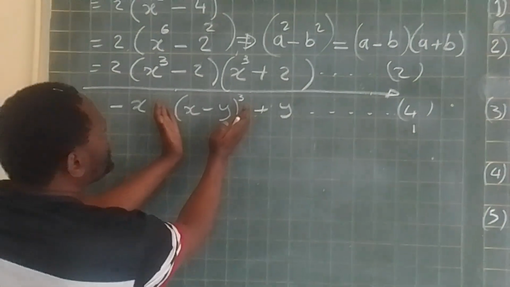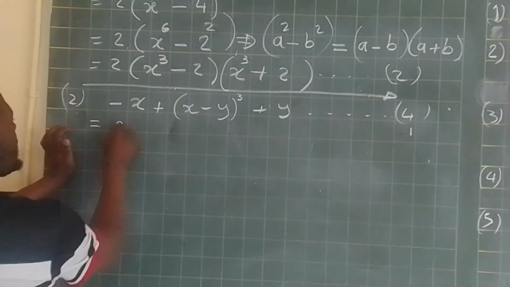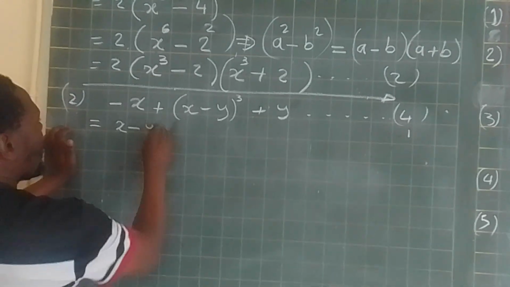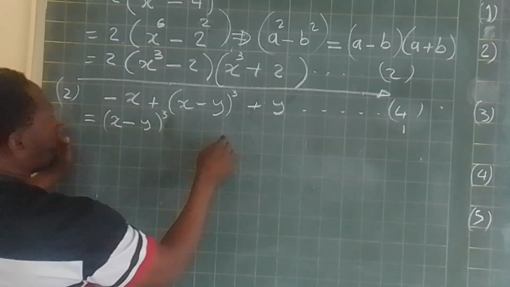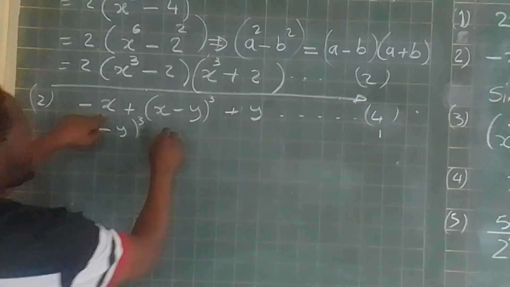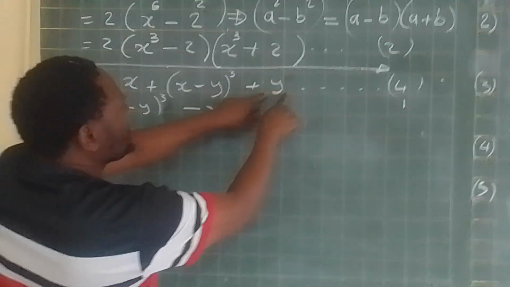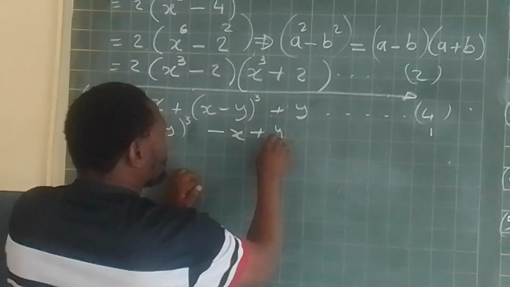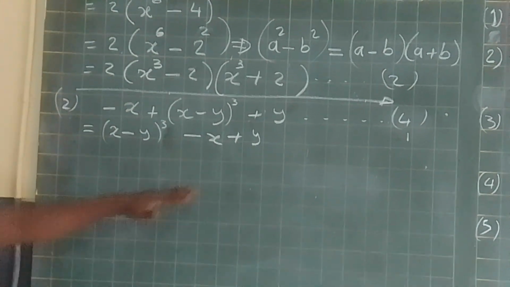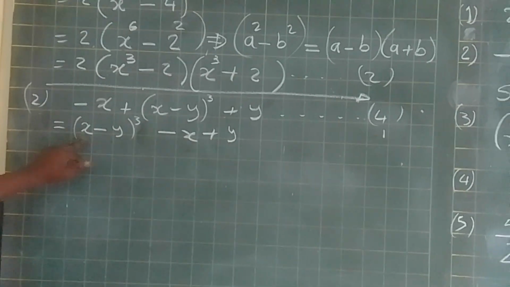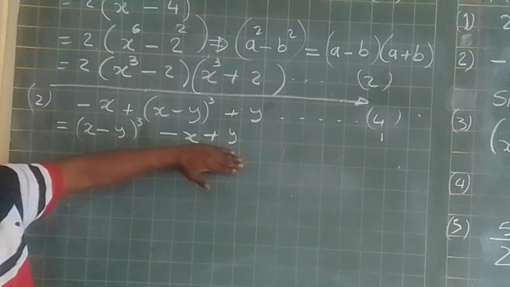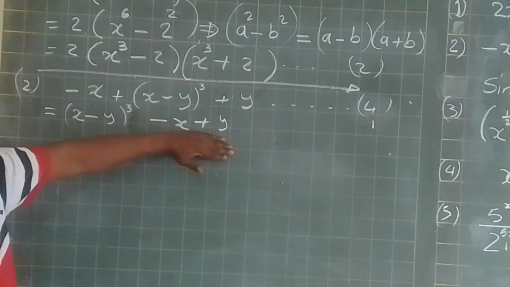I would love to take this part first: x minus y all cubed, minus x plus y. Right, this is a trick part because you have x minus y. Try to make this part x minus y.